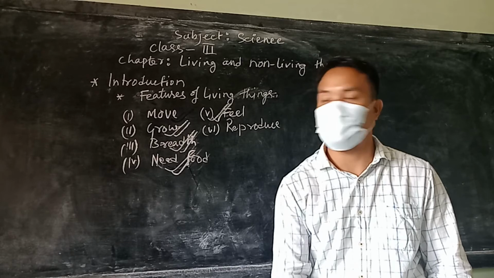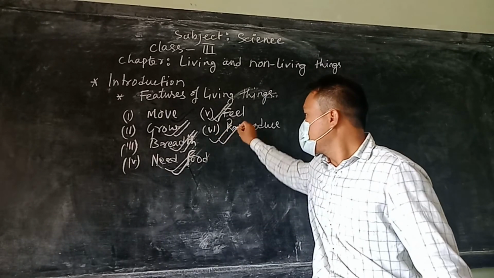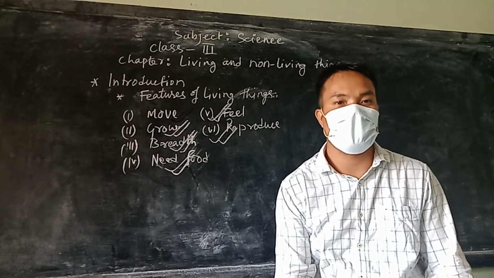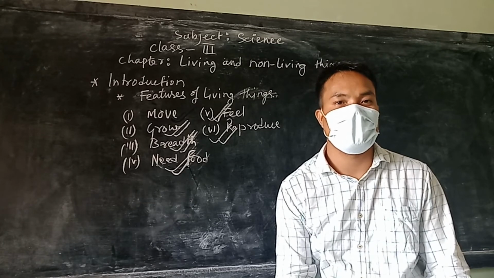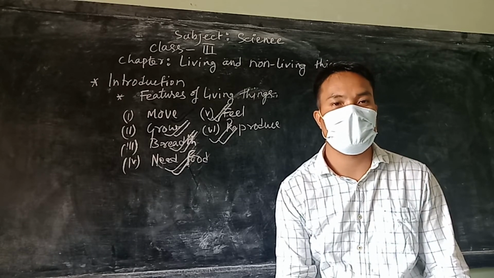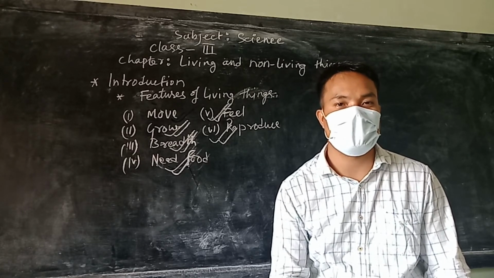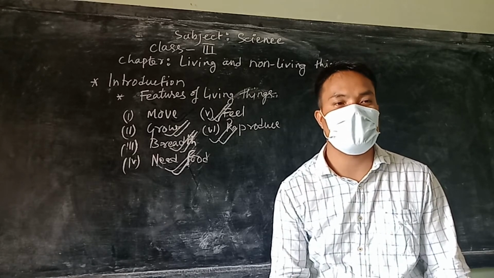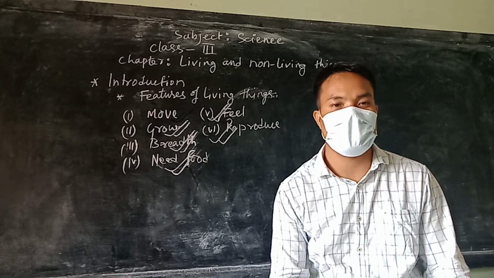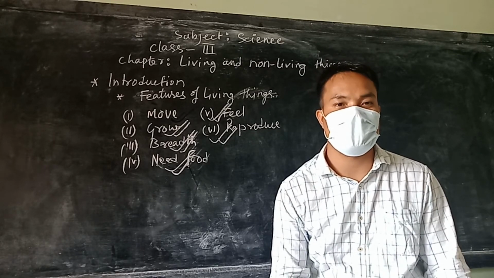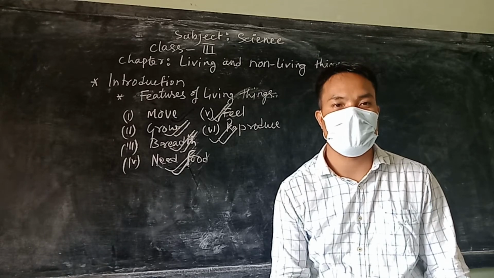Living things can reproduce, okay? Animals reproduce by laying eggs, or they directly give birth to their young ones. Birds, frogs, crocodiles and fish reproduce by laying eggs, and plants reproduce by seeds, right? Humans give birth to a baby, okay?